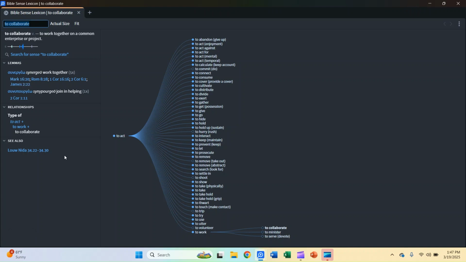A Bible sense lexicon is a specialized lexicon used in biblical studies that categorizes words based on their semantic sense rather than just their base definition. It helps to clarify the intended meaning of a word in any given biblical context by distinguishing between different senses of a word and what meanings it can have.